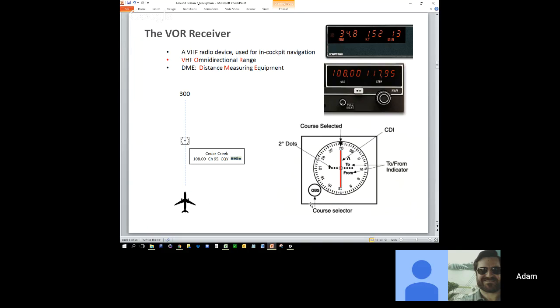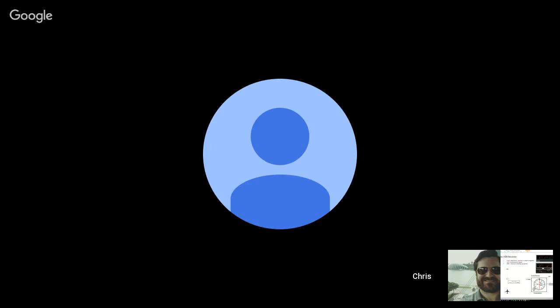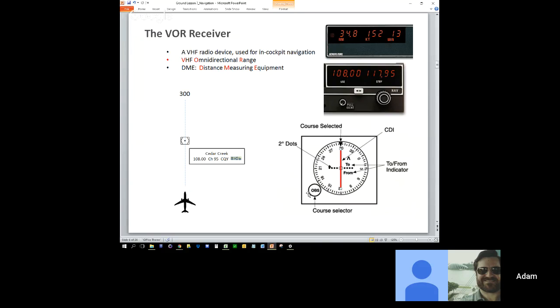And we've got what's called an omni bearing selector, OBS, which is right down here on the bottom left of the gauge. When you turn the OBS dial, the compass rose turns clockwise and counterclockwise so that you can select the radial.